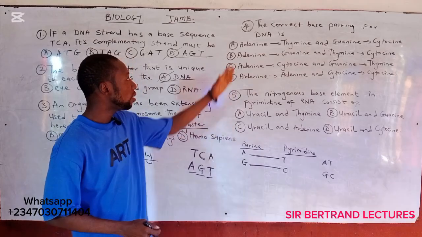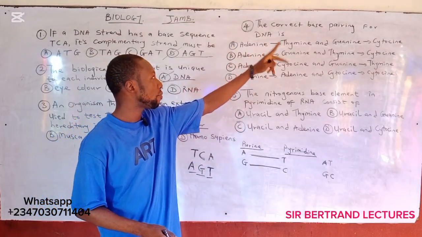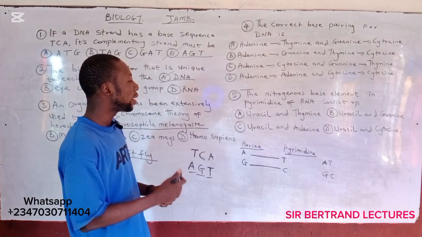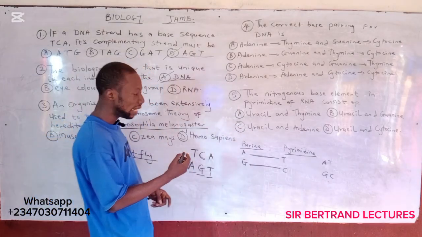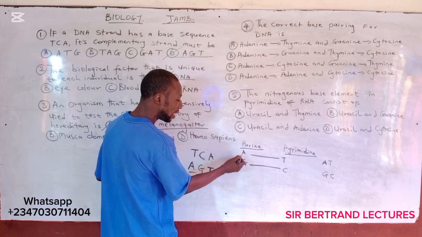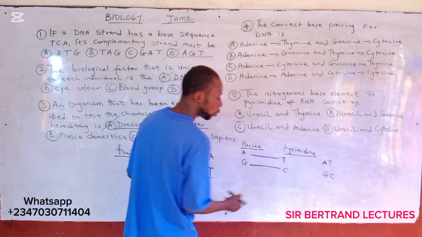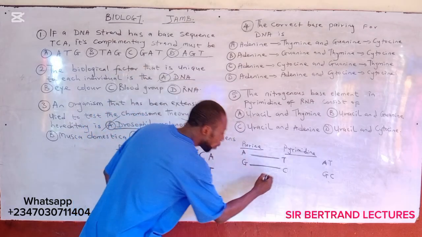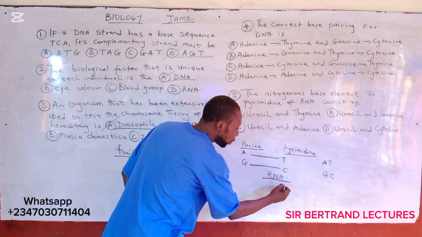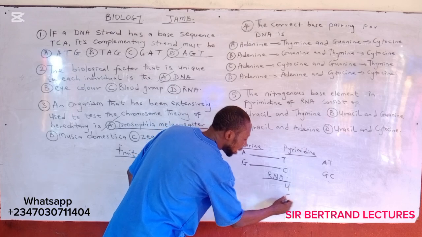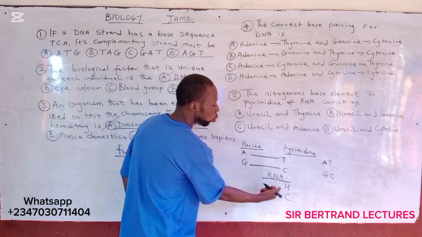Then the next question: the correct base pairing for DNA. I told you that in DNA, the purines are adenine and guanine, and the pyrimidines are thymine and cytosine. In RNA, the thymine is replaced with uracil, so the pyrimidines become uracil and cytosine.